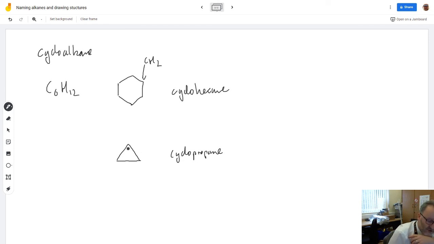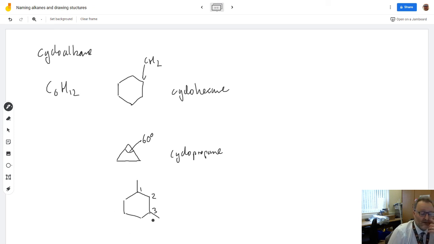This is a very strained ring, so it falls apart quite easily because the bond angle there is 60 degrees. So your bonding pairs of electrons are really close together, so you get a lot of repulsion, so those bonds are not very strong. And if you had branches, you won't get many of these. Let's put in a couple of branches here. So that would be 1, 2, 3.